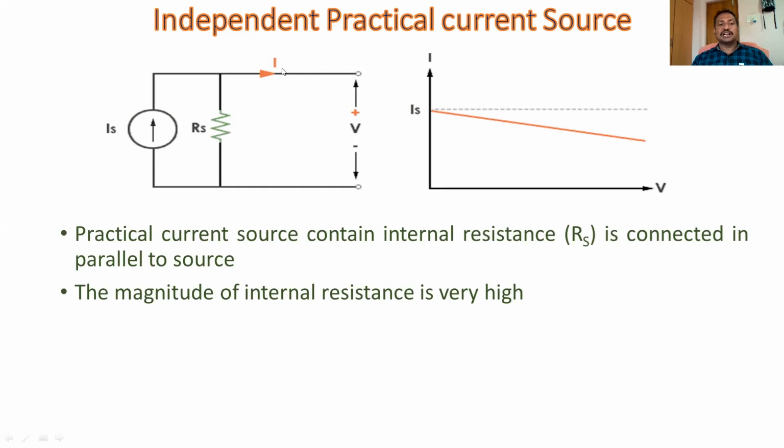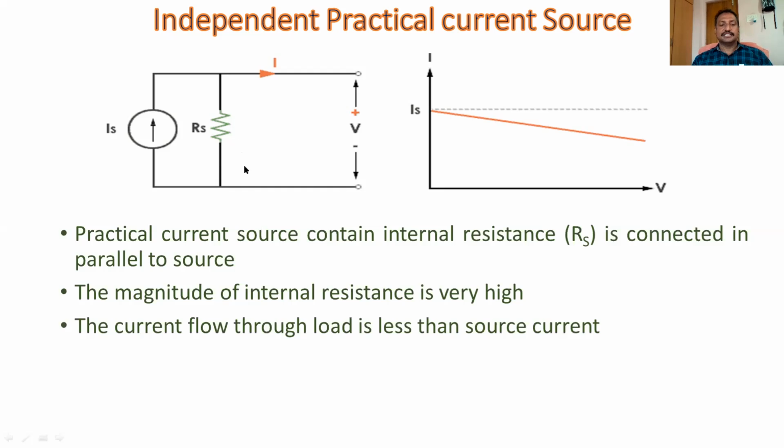So the output current is always lesser than the source current. Therefore, the current flowing through the load is always less than the source current. As per KCL, I is equal to Is minus IRs.